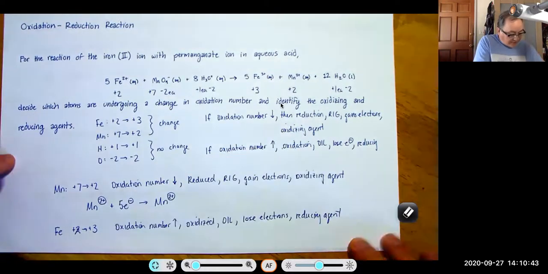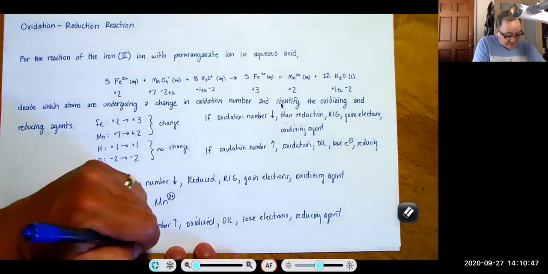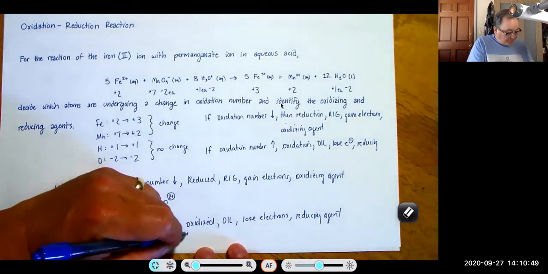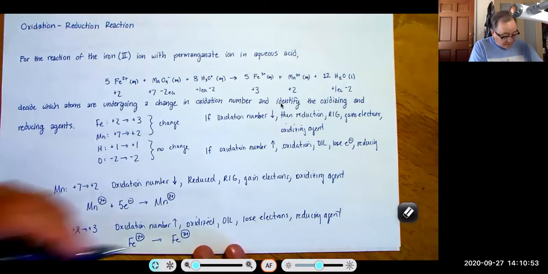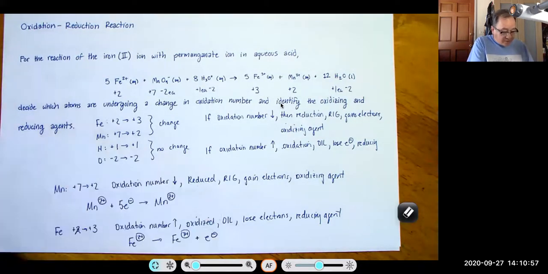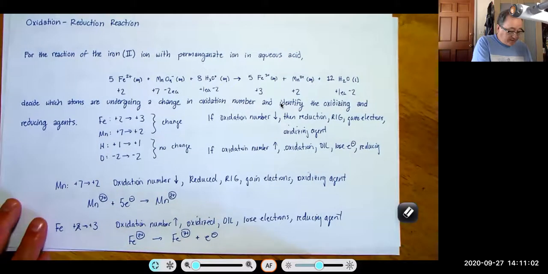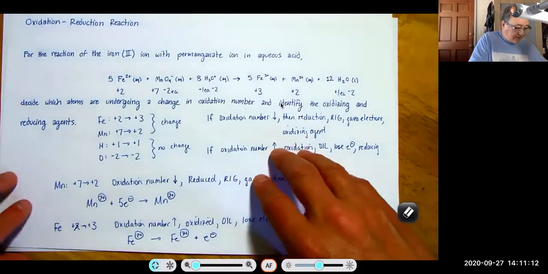So what's happening here is your iron 2+ is turning into iron 3+. So where do we add the electron into this equation to make it work? And it would be right here. So that -1 charge and the +3 charge, add it together and you get +2. So here we say that this guy is about to lose an electron. So this guy is about to be oxidized. Okay, so there you go.